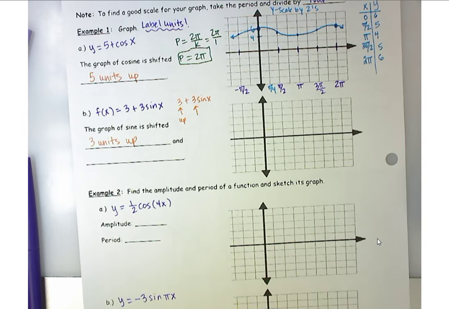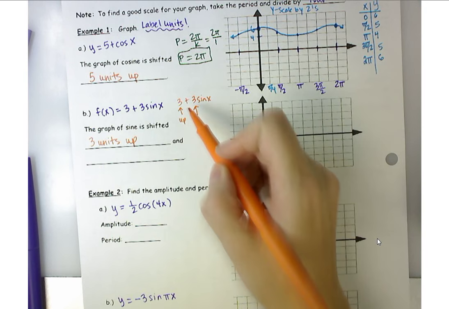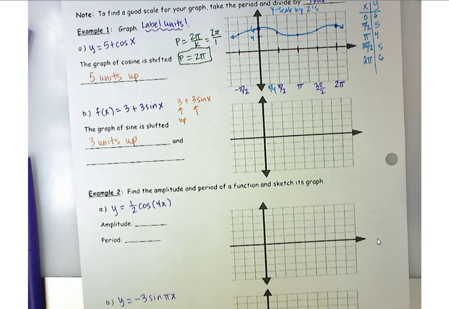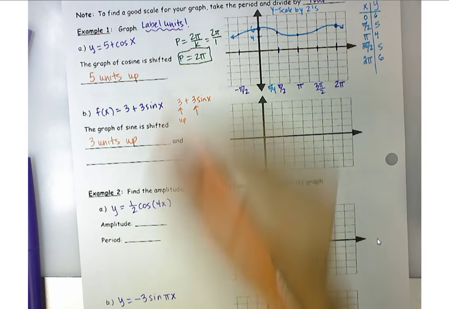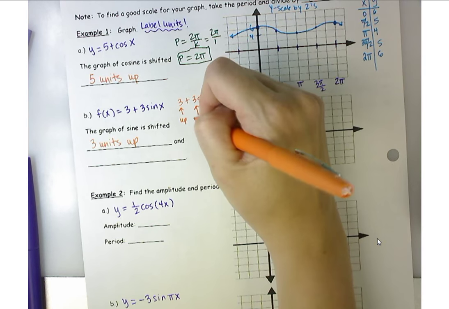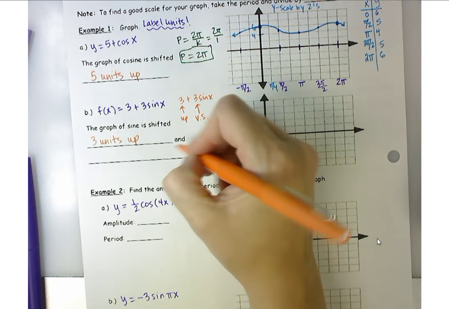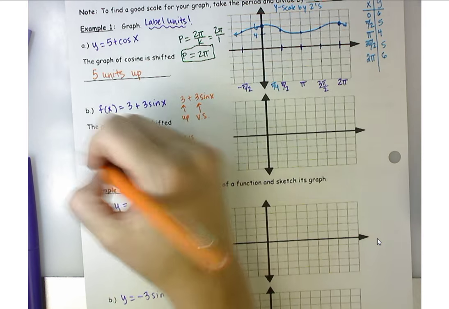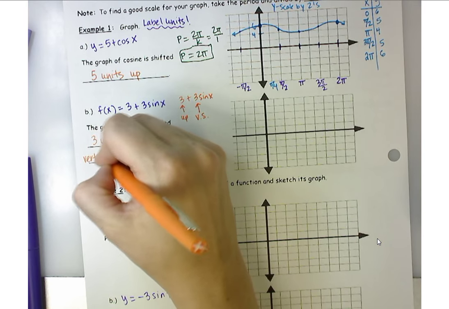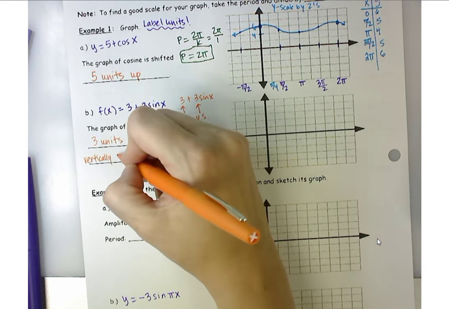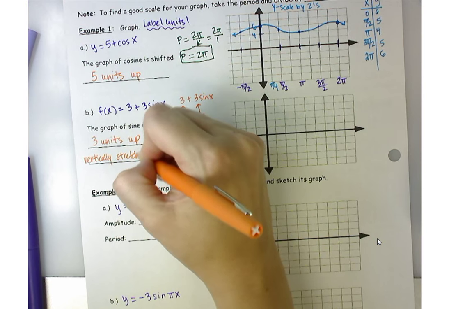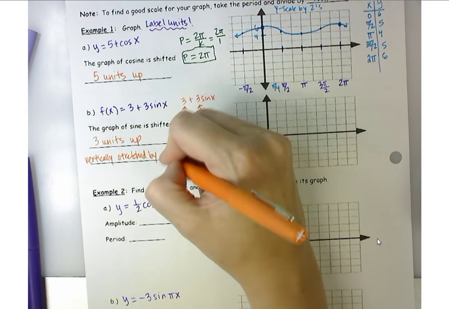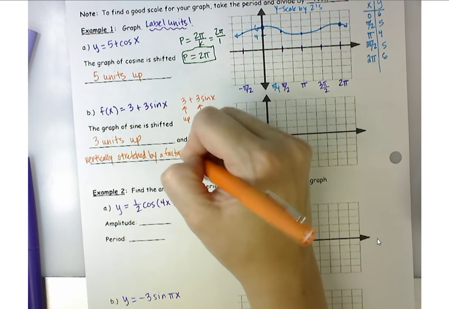Okay, and then Charlie, can you tell me what this 3 means? What does that do to your graph? That will vertically stretch it by 3. Good, okay, so this is a vertical stretch. So we're going to say and is vertically stretched by a factor of 3.